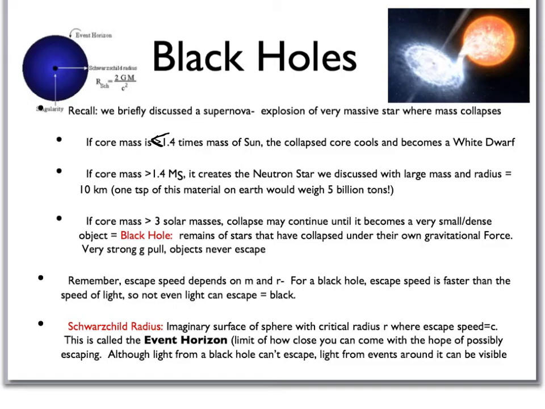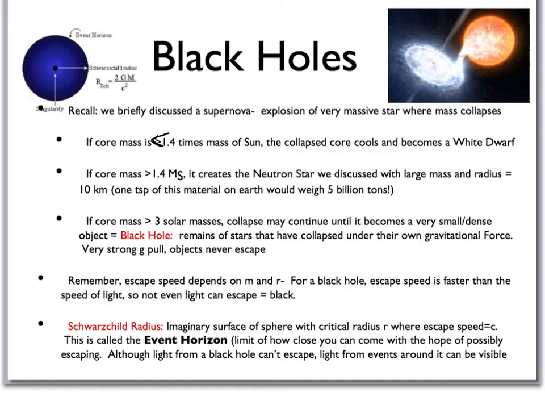But if that core mass is greater than 1.4 times the mass of the sun, it will likely create the neutron star that we talked about. Basically, because that mass is so great, under its own gravitational forces, this thing begins to collapse even further. And these neutron stars are amazing because they take the entire mass of a star, but they collapse it down into a radius of only about 10 kilometers.